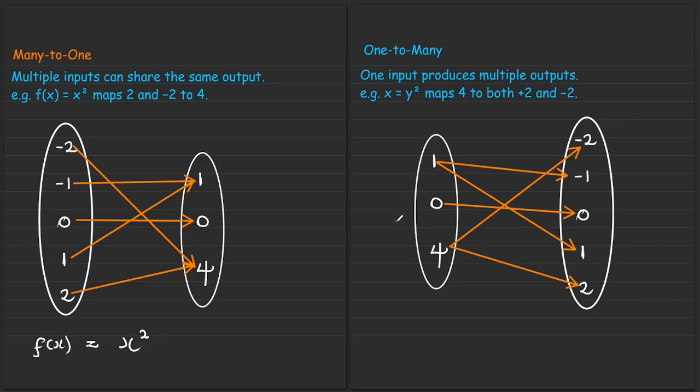If we take 1 as an x, and we want a number whose square is the value of x we have over here, then for 1 we can get what? -1 squared giving us 1, and then 1 squared as well giving us 1. So it means that 1, which is in our domain here, maps to 2 elements in the range.